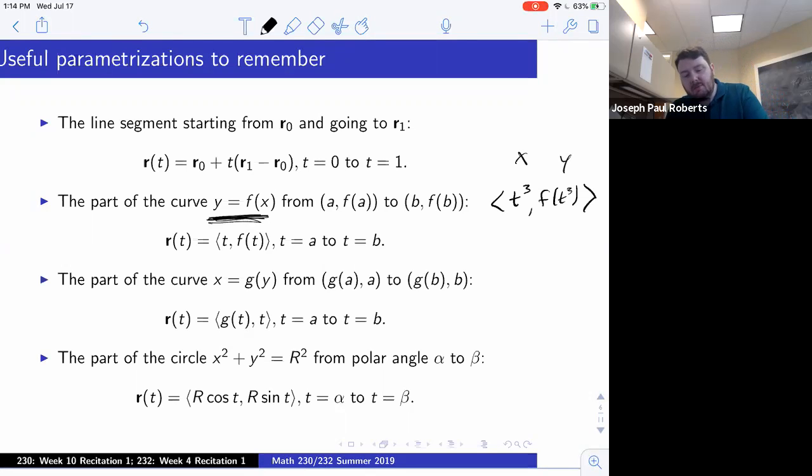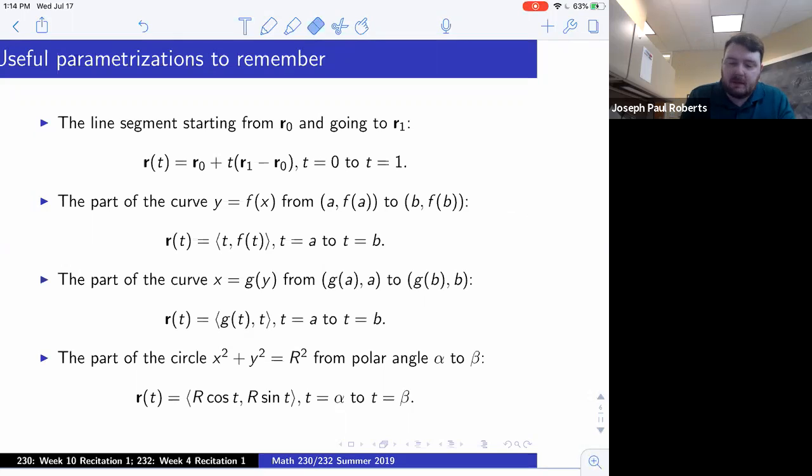So there are infinitely many correct choices for how to parameterize y equals f of x, but my motto is the laziest correct way to do something is always the best. That's how I try to live my life. And the easiest way to do y equals f of x is to just let x be t and y be f of t. And then clearly y does equal f of x.